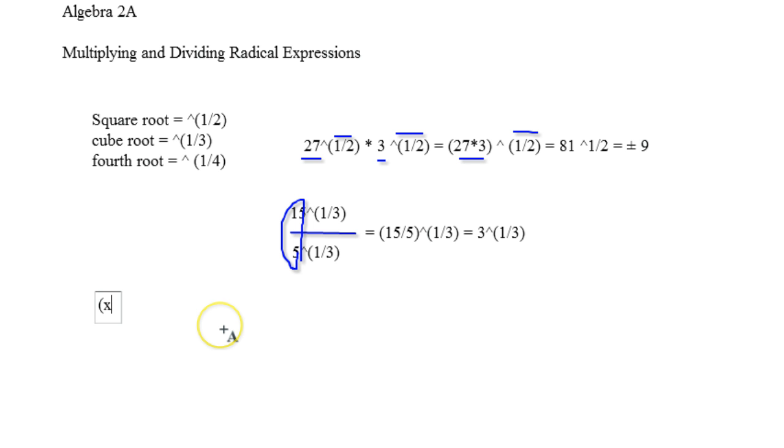Let's say we had x to the 4th times y to the 2nd times z to the 6th, all raised, and let's say that that was a cube root up there. You could actually approach this problem several different ways. Variables and square roots and cube roots and all that stuff are a little bit trickier, so you just have to stick with it.